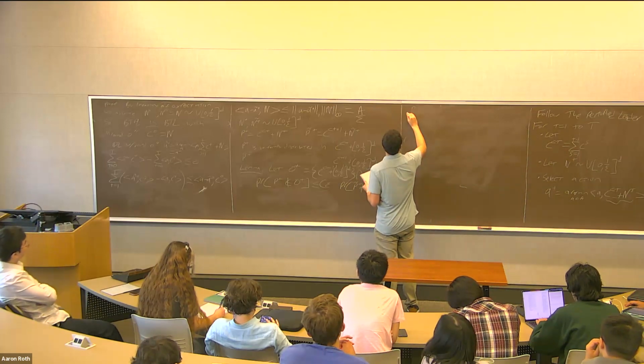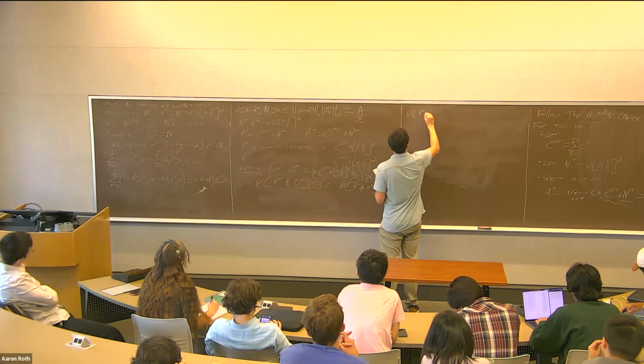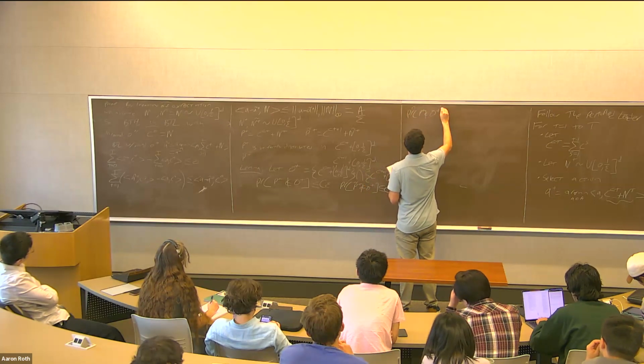Well, this is just a calculation. What's the probability that we don't end up in this overlap region?